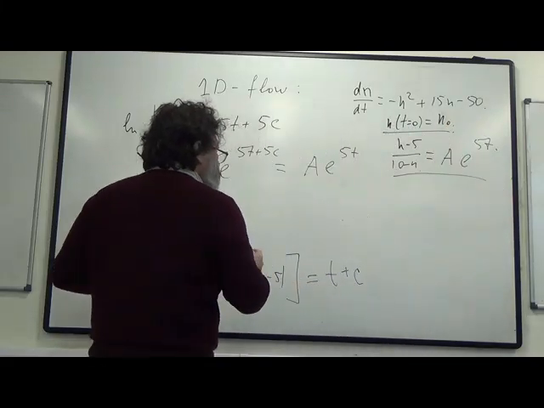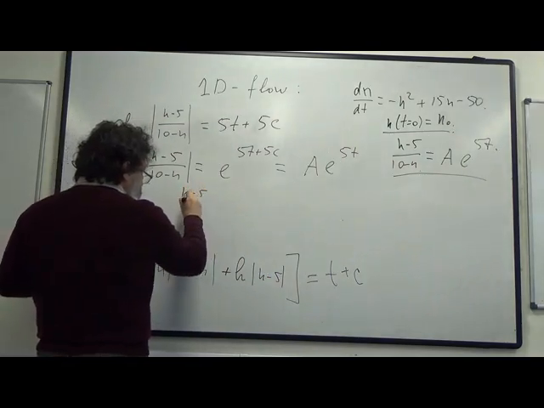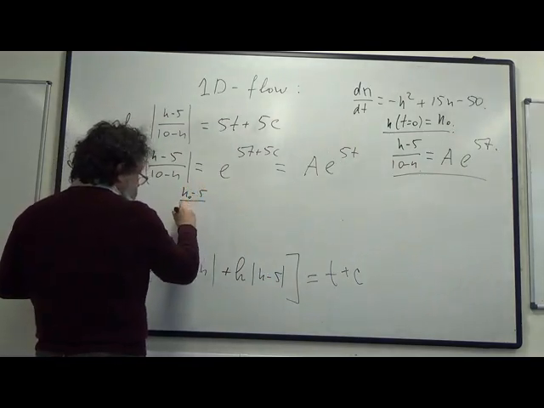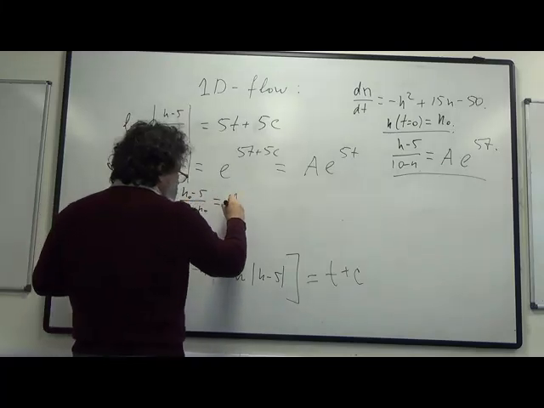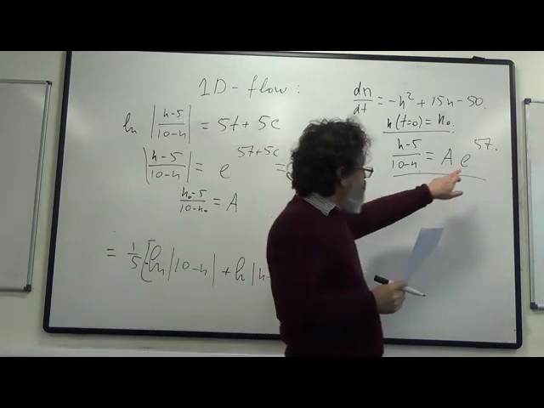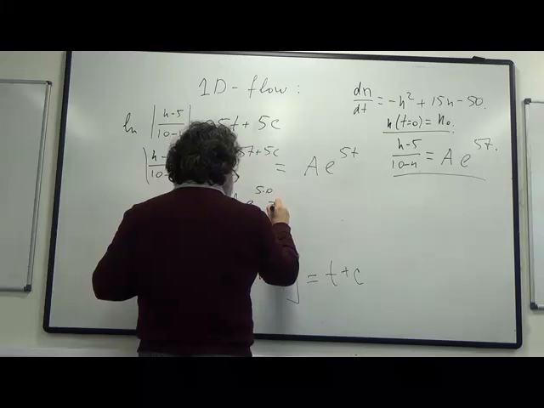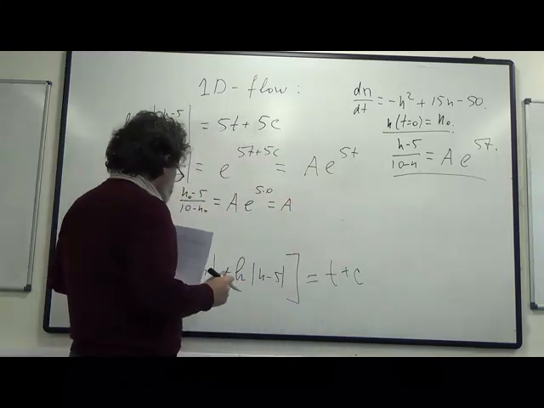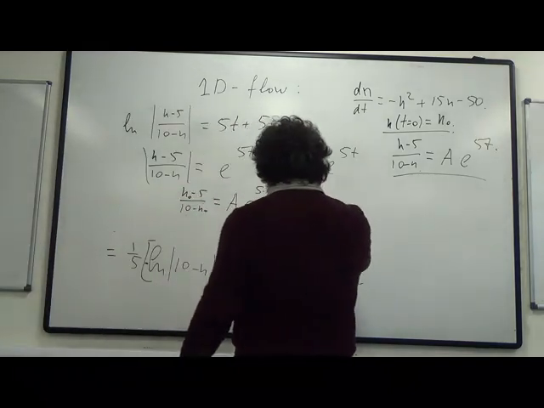So if n at time 0 equals to n naught, then n naught minus 5 over 10 minus n naught will be equal to a times, so time should be 0, e to the 5 times 0, which is a. And from here we can find what is a, yeah, in terms of n naught.